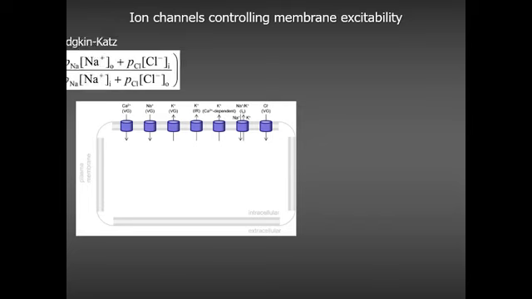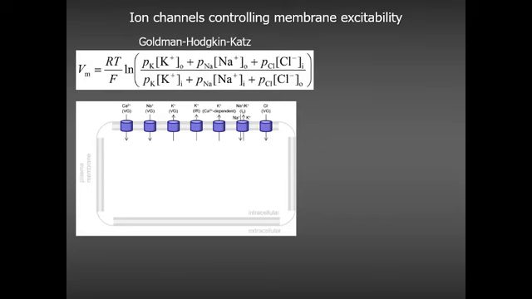Now, when we talk about the membrane potential, this is the famous Goldman-Hodgkin-Katz equation. This equation tells us how to calculate the membrane potential. The membrane potential is going to be dependent on some constant and this expression in here, where the P's are the relative permeabilities of different ions, and for each ion, there is a concentration of this ion outside and inside.